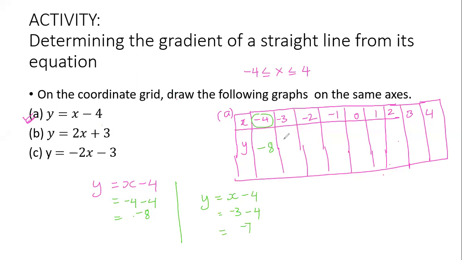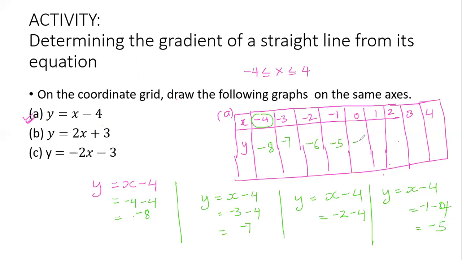Very good, -7. Okay, can we continue? We put -2. Okay, good. Continue to put the rest. Put -1. Oh, so this is -5. Okay, perfect. Can we complete the table? Complete your table.